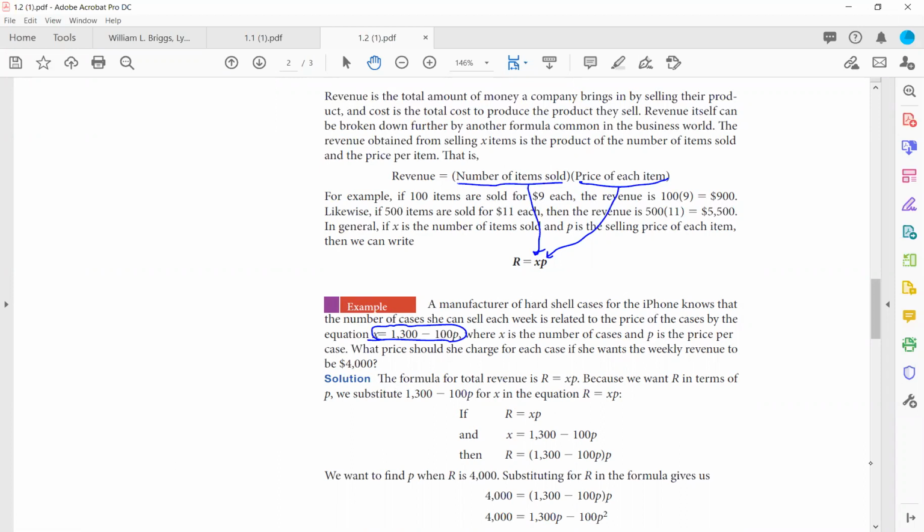So x is the number of cases and p is the price. The question says, what price should she charge for each case if she wants the weekly revenue to be $4,000?